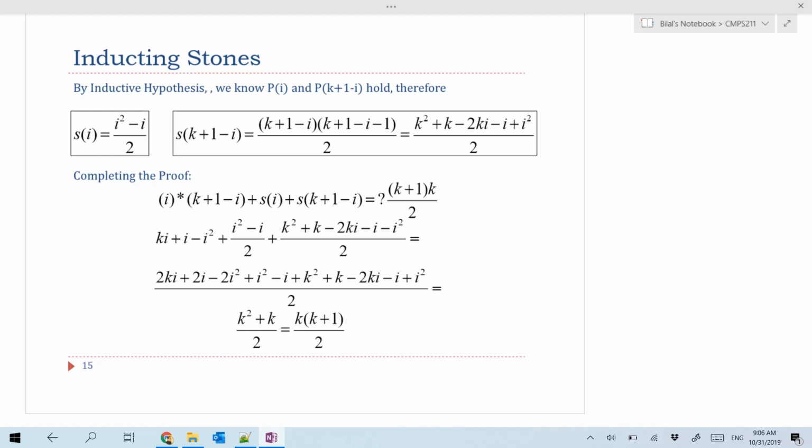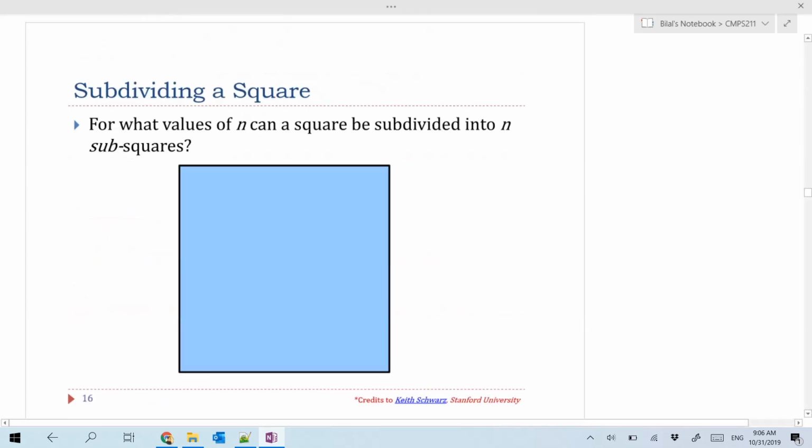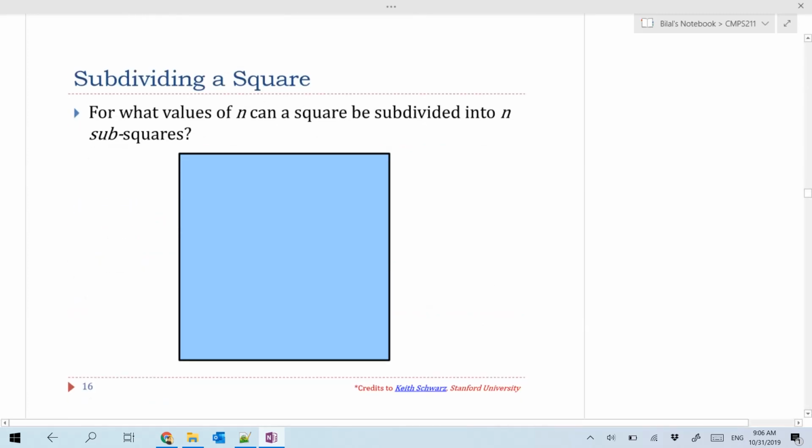Since we are assuming the property for all the integers less than the current one, it holds for a and for b, and then finally the integer would be the product of all the prime numbers. One last example: for what values of n can a square be subdivided into n subsquares?